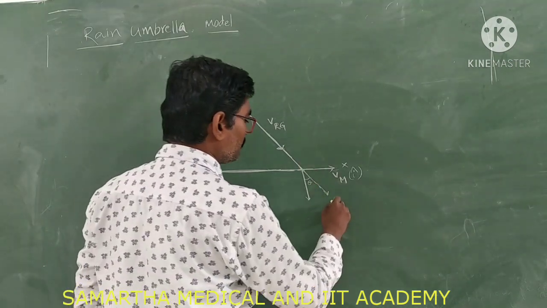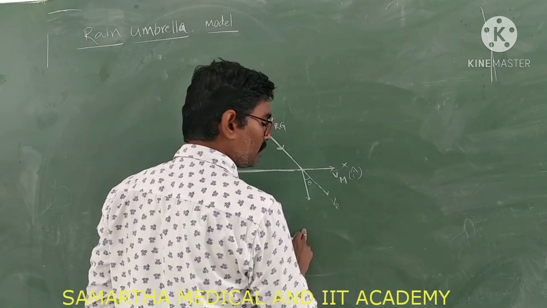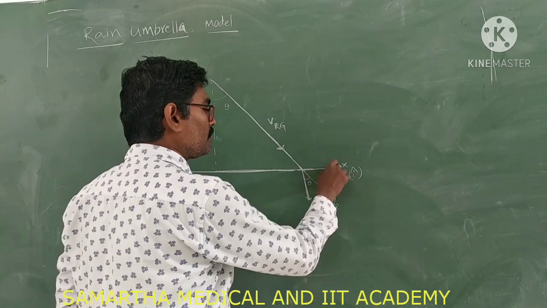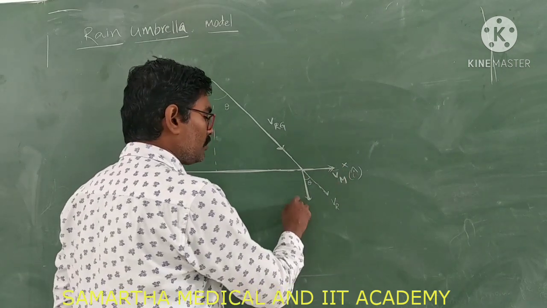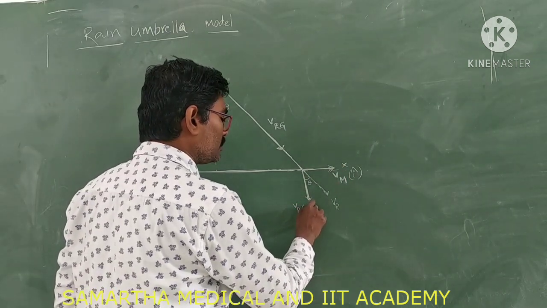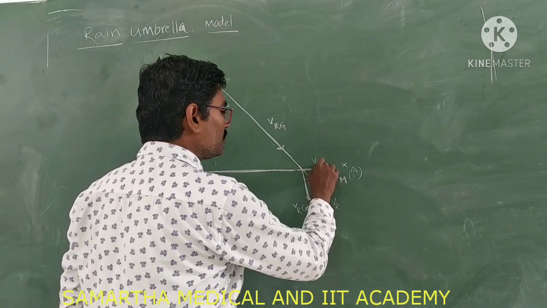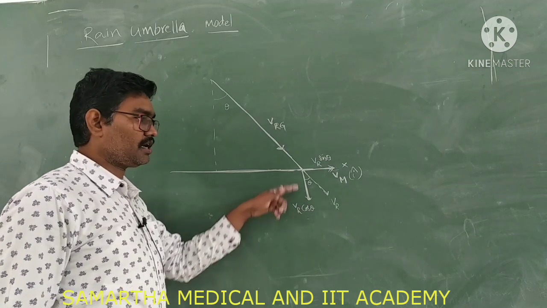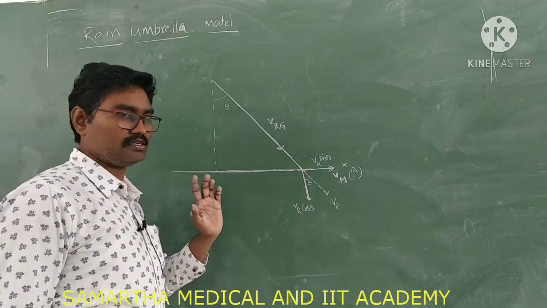Then what is this, velocity of rain with respect to ground? It can be resolved into two perpendicular components: Vr cos theta and Vr sin theta. Correct or not?